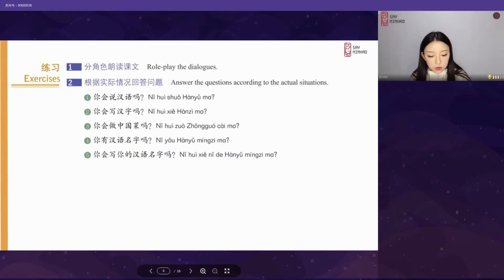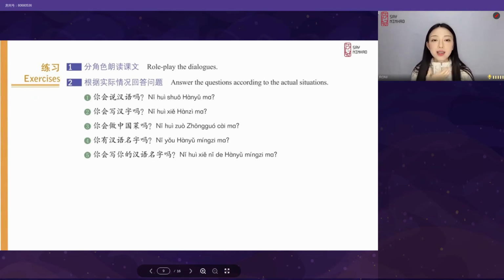Now let's move on to the next part, which is to answer the question according to the actual situation. Okay, so first question, 你会说汉语吗? Try to answer it. Okay, 你会说汉语吗? This means, can you speak Chinese?